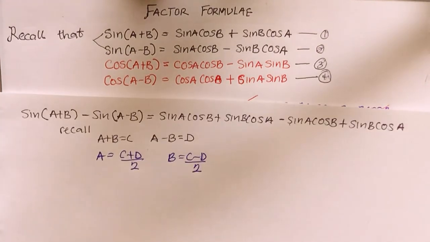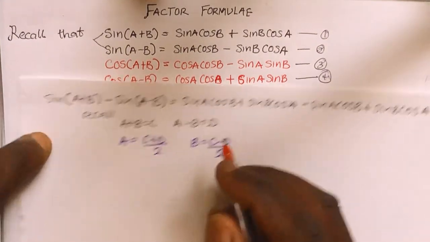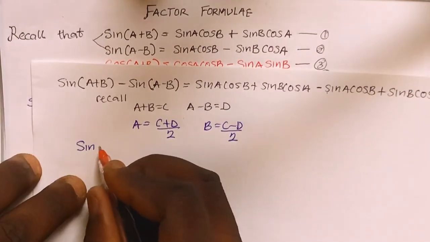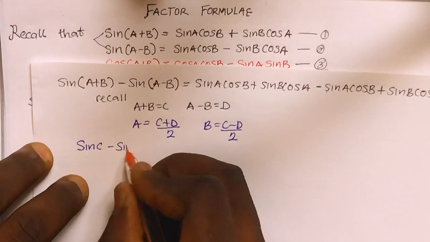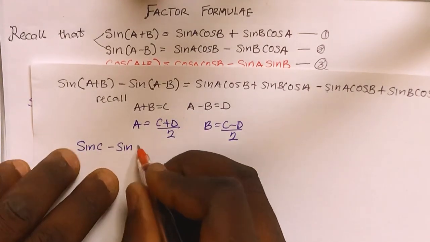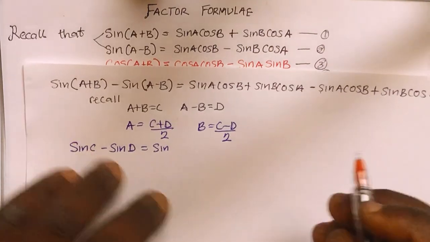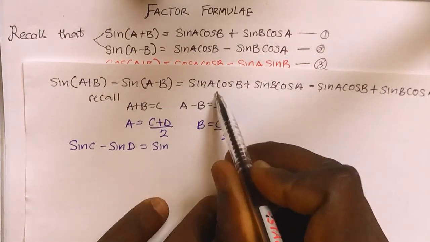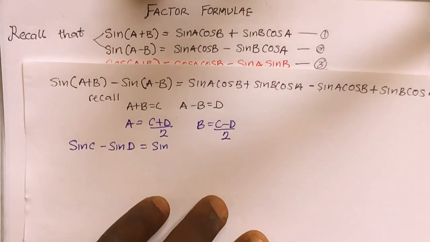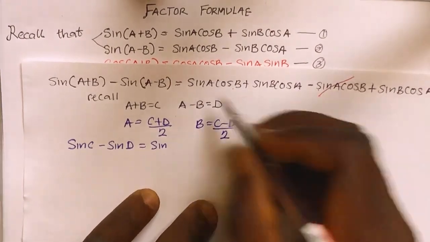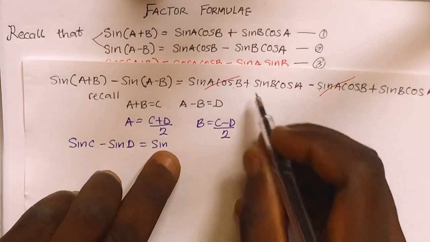Then let's try and substitute all these values into this equation now. I'm going to have sine A plus B, which is C, minus sine A minus B, which is D, equals... Let's simplify this first. Simplifying sine A cos B plus sine B cos A, in this case, this and this will cancel out. So I'm going to have it to be 2.